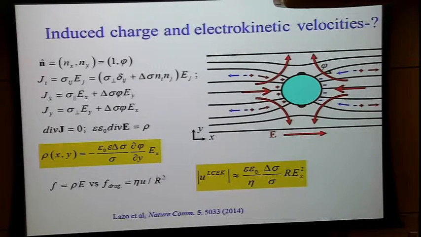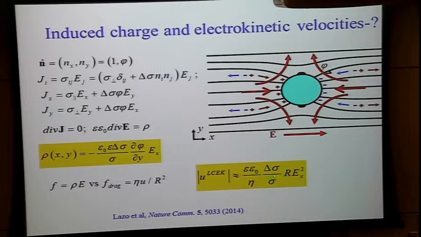Now, if I approximate the gradients of the director field with the inverse radius of the particle, which is a natural thing because these director distortions are created by a particle of certain size, and if I equate the Coulomb force, which is the product of this field-induced charge and the electric field itself, to the density of the viscous resistance force, I would get this prediction for the velocity of the fluid around the particle, or of the particle with respect to the fluid if the particle is free.